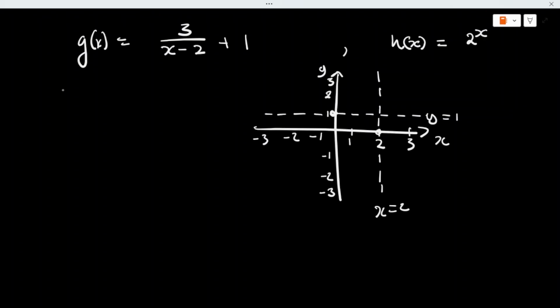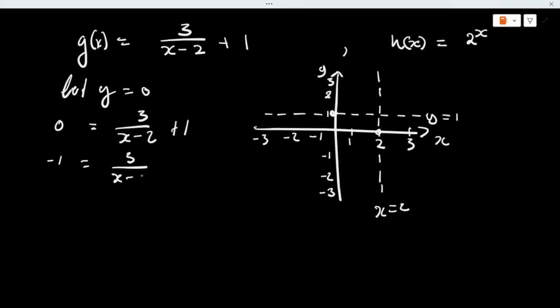To find the x-intercept, we let y equal to 0. So when y is equal to 0, we get 0 equals 3 over x minus 2 plus 1. Transpose 1 to the other side, and we get negative 1 equals 3 over x minus 2. We cross multiply, we get negative x plus 2 is equal to 3.